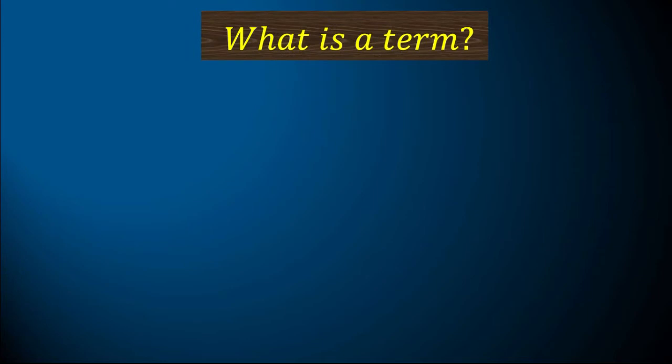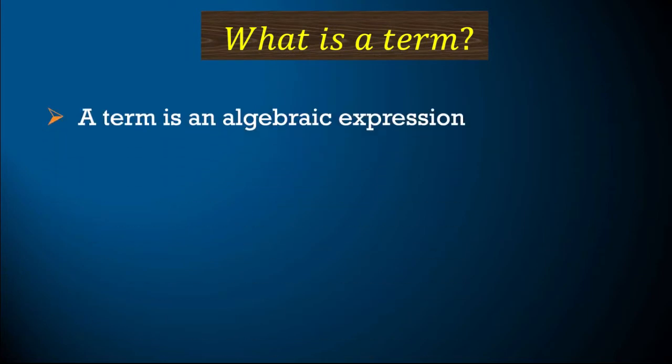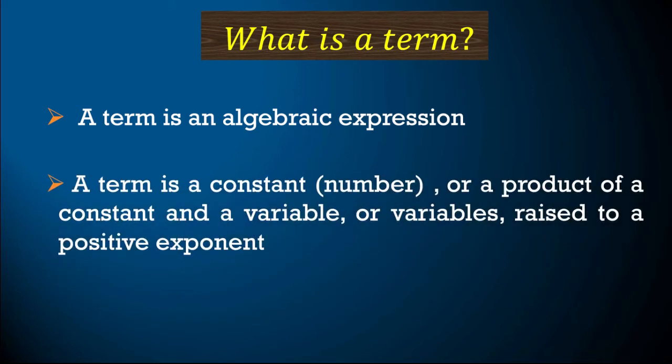Now what is a term? A term is an algebraic expression. A term is a constant or a number or a product of a constant and a variable or variables raised to a positive exponent.